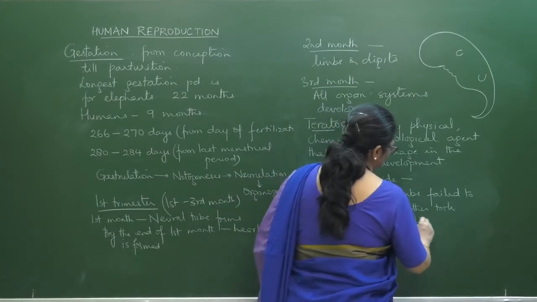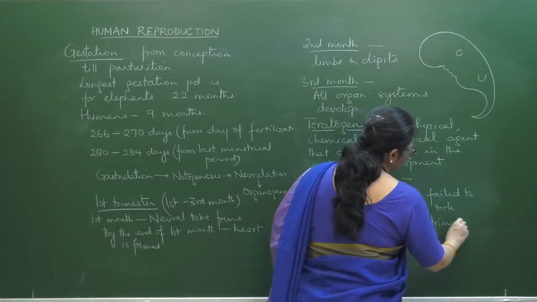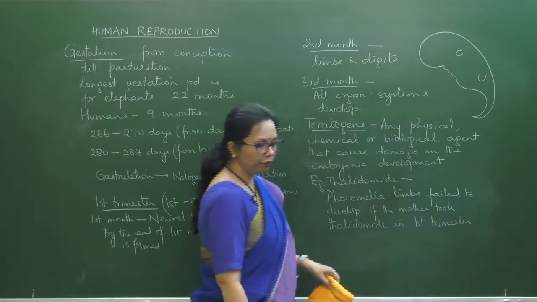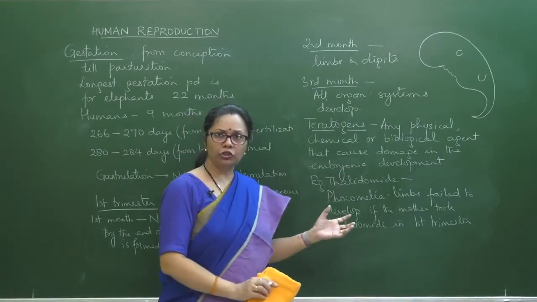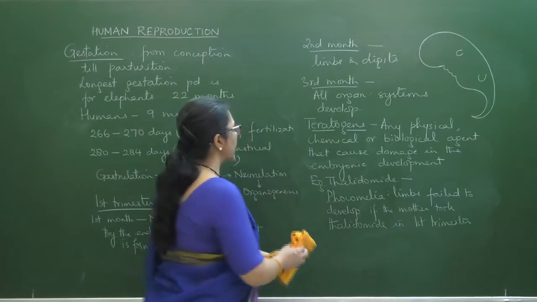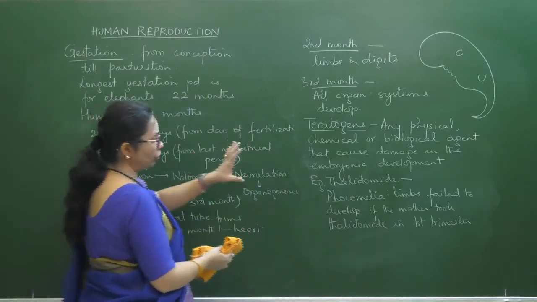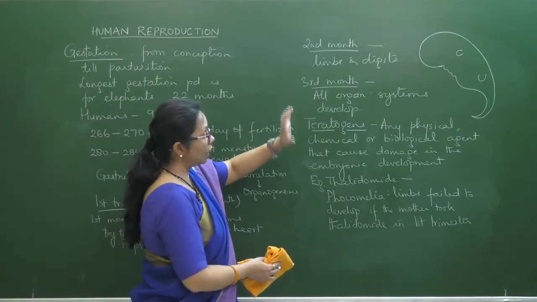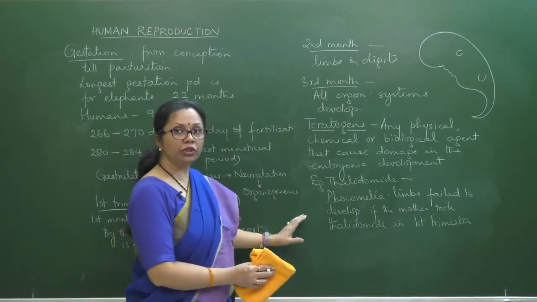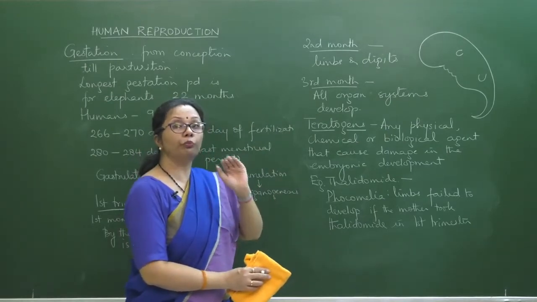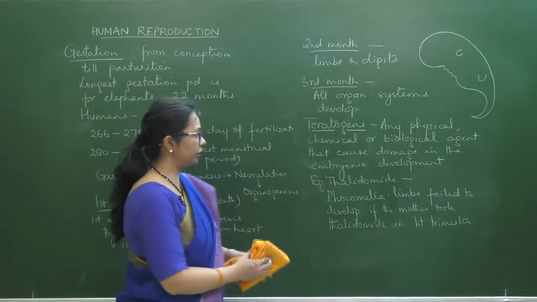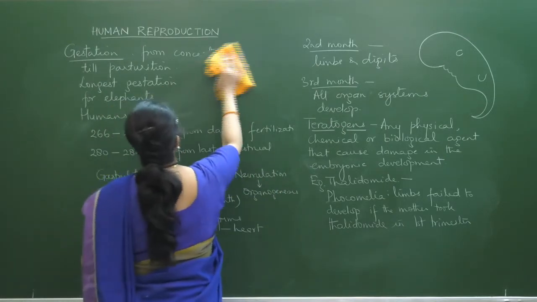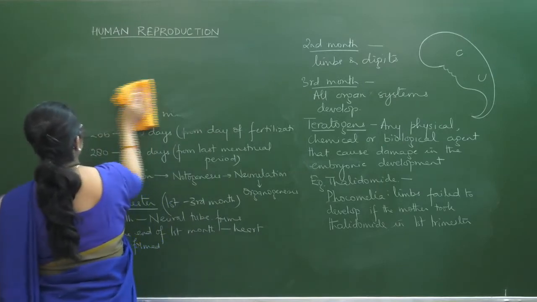So this is one common example. There's a long list of teratogens, but the time of the pregnancy, the time of gestation, which is most prone to thalidomide is of course the first trimester. Then after that, coming on to the second trimester.